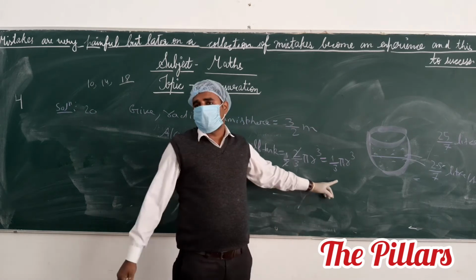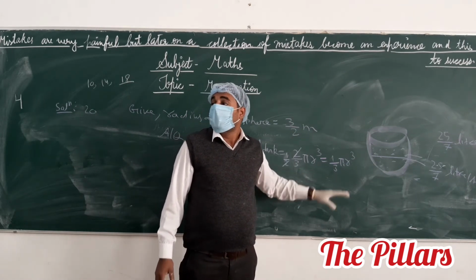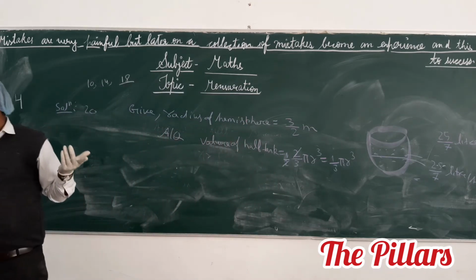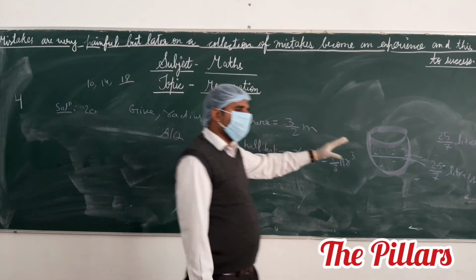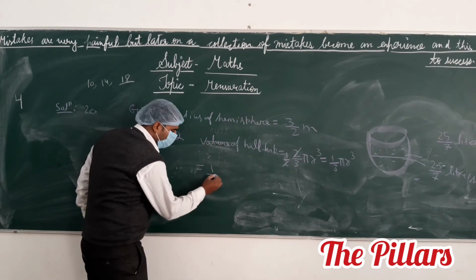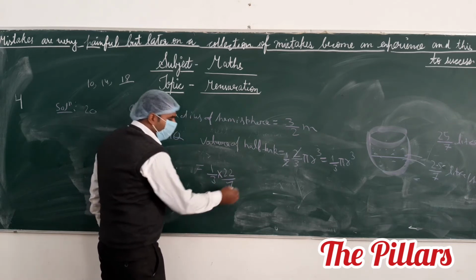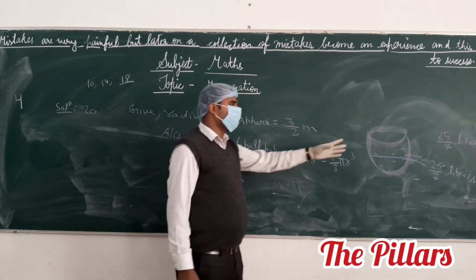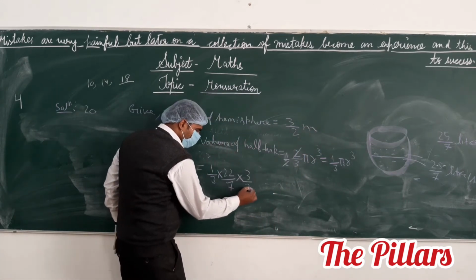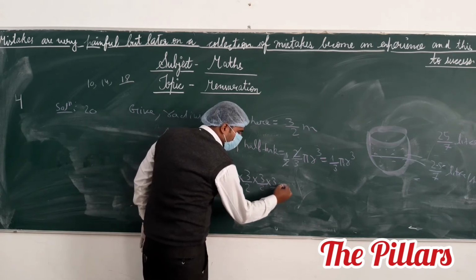First we should calculate the total volume. First it will come in meter cube, and then we can convert this total volume into liter. This will be equal to 1 by 3, value of pi we put 22 by 7, into r cube, where r is 3 by 2 into 3 by 2 into 3 by 2, this in meter cube.